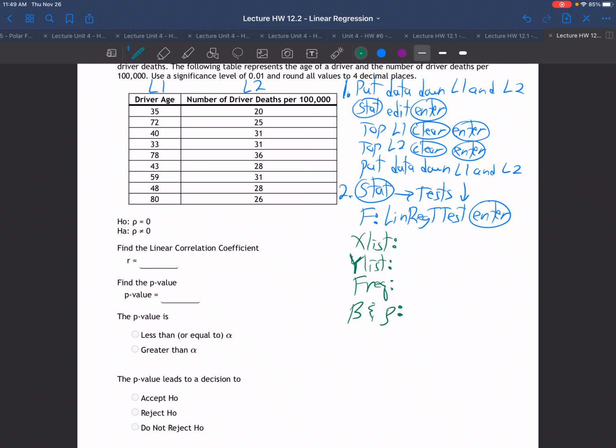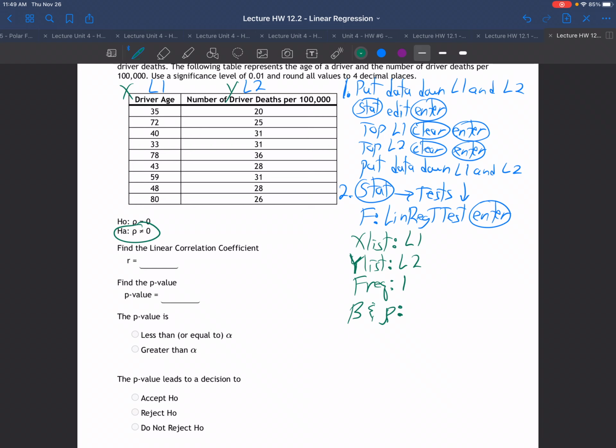It's a Greek R. So let's put in what we want. For the X list, that's L1, Y list is L2. So L1 is X values and L2 is Y values. Frequency is 1, meaning each of those entries only counts once. As far as the beta and rho, you put whatever we have right here.